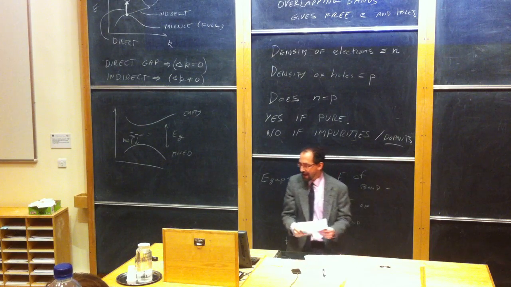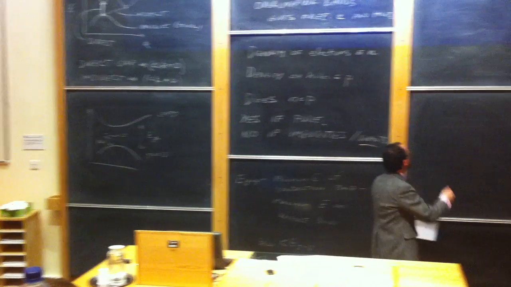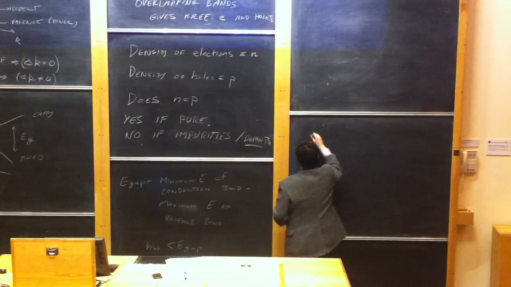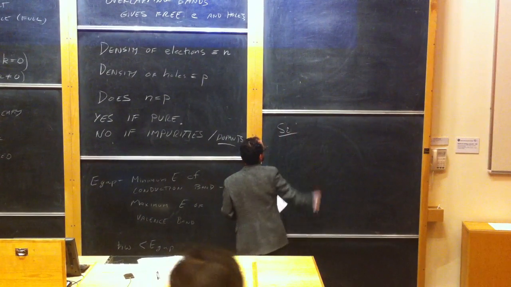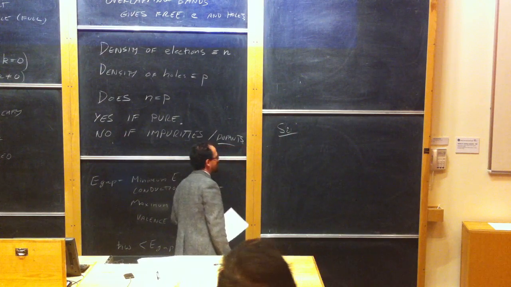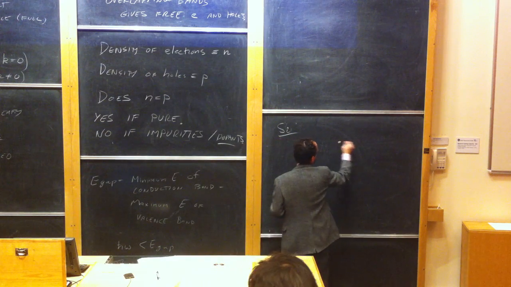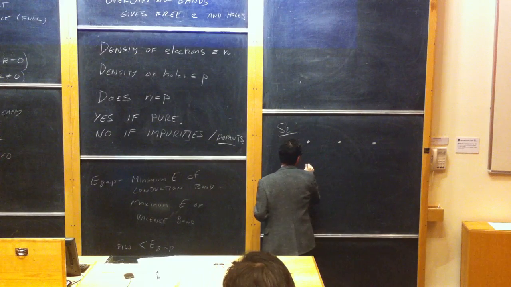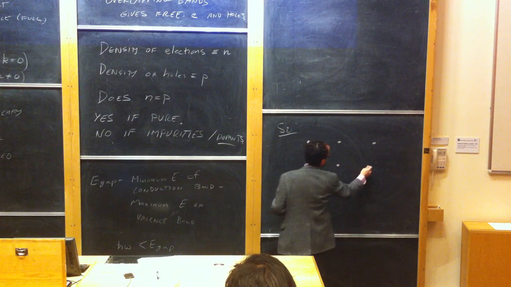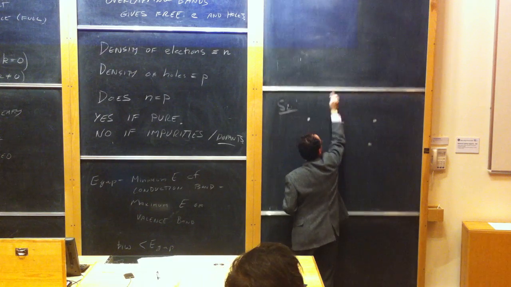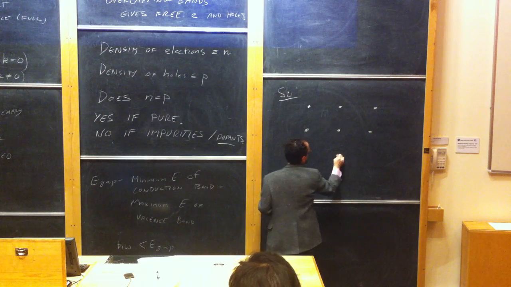So to understand why that happens, let's imagine a case of silicon, which is the world's most important semiconductor. And let's imagine we have a whole bunch of silicon atoms lined up in a lattice, which I'm going to draw as a square lattice because it's the only lattice I can draw easily.